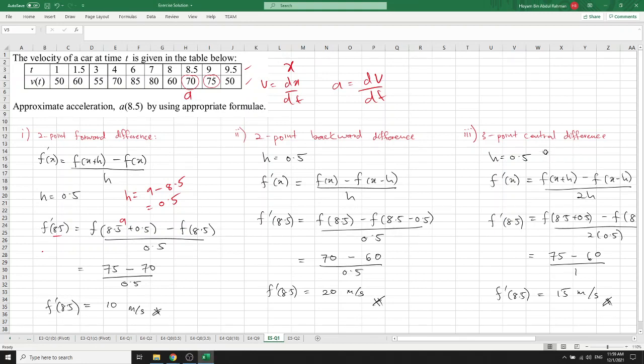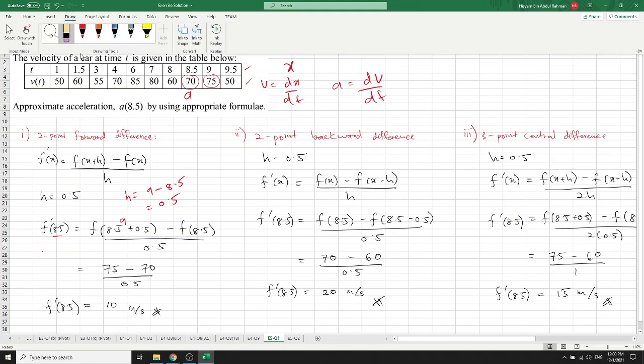And then we use the backward difference. Suppose the forward and backward results will be the same? Not necessarily. It's based on the value of the given point.